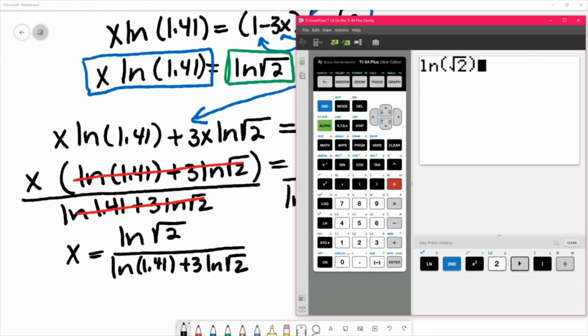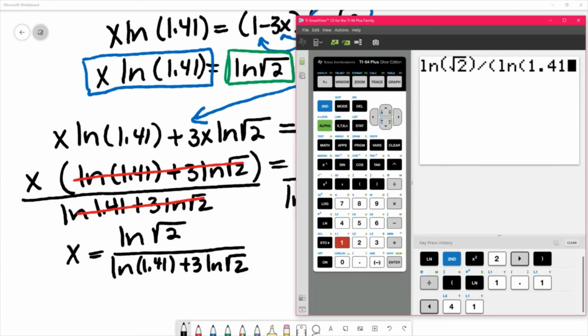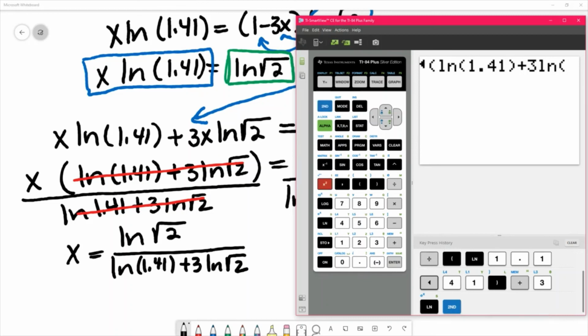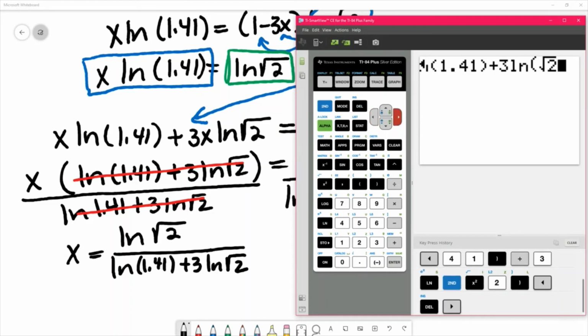However, in the denominator, I have more than one term, so I need to put parentheses around the denominator. It's natural log of 1.41, plus 3 natural log square root 2. But I do need the parenthesis on the log, and I do need to close the parenthesis for the whole denominator.